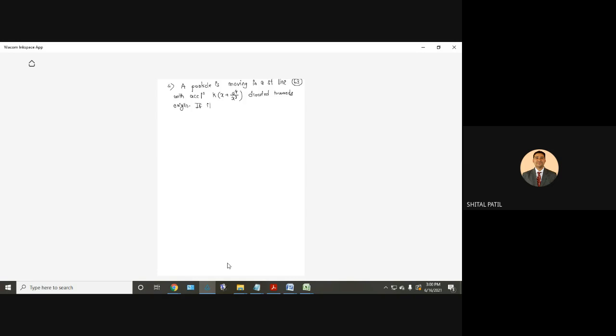If it starts from rest at a distance a, small a is the distance from origin, prove that it will arrive at origin at the end of time. So here also our aim is to find time.